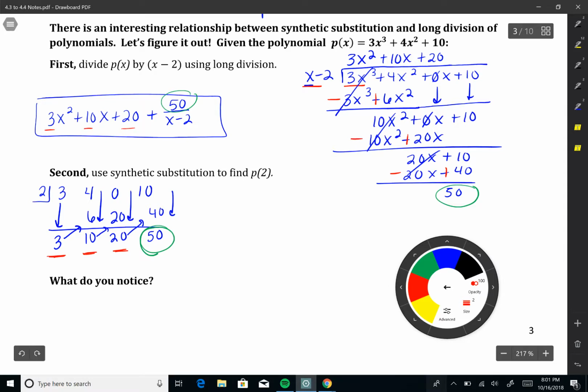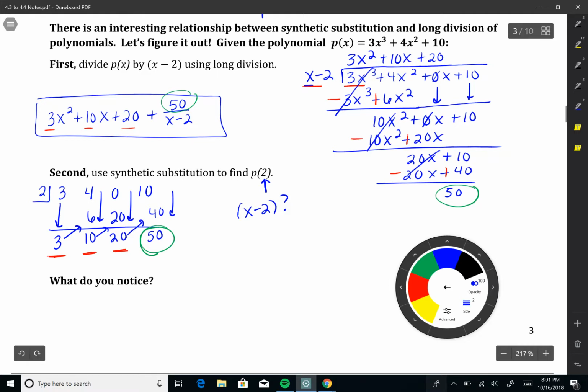So as you can see, when I do synthetic substitution, now hold on, let's look at what I substituted in. First of all, I plugged in 2. So what is that relationship to the factor x minus 2? Well, wouldn't the value of 2 make this equal 0? So 2 is the 0 value of the factor.